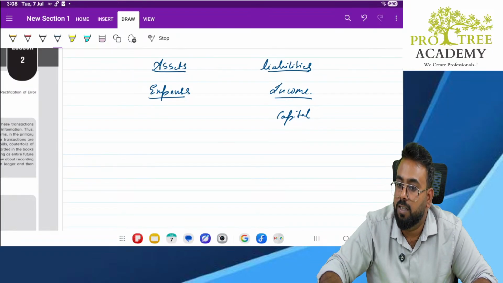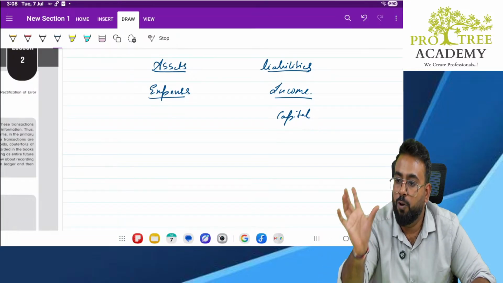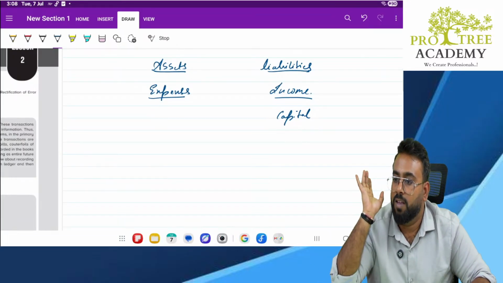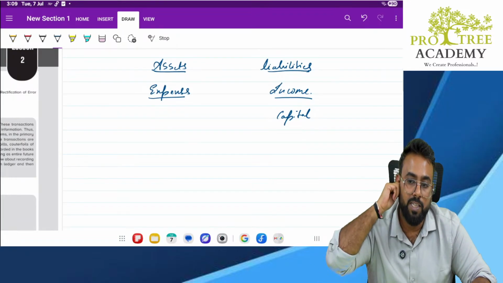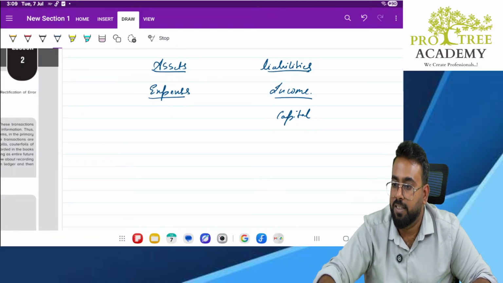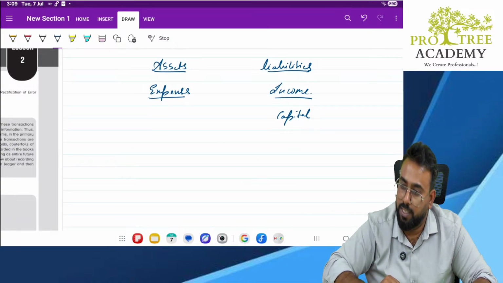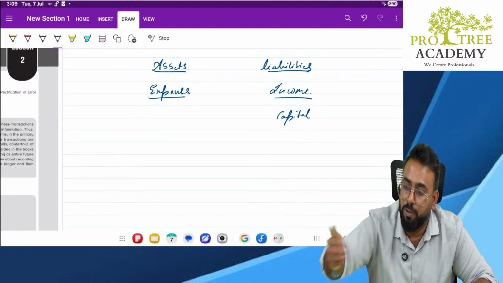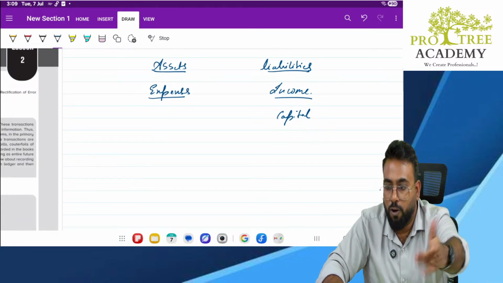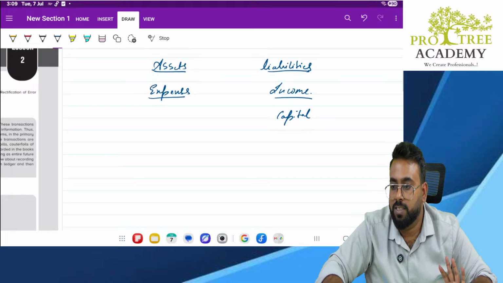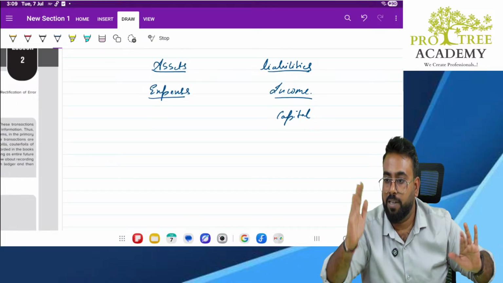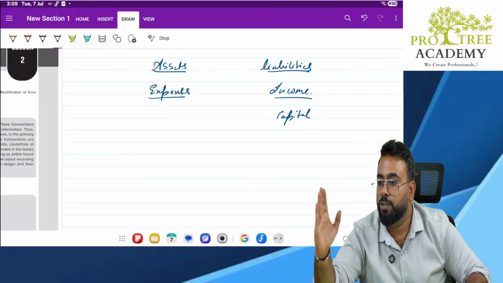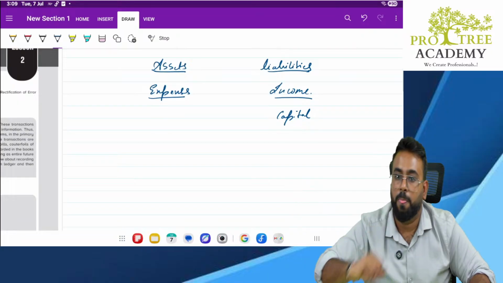First we'll take inflow of economic benefit. Examples? Sales. Is there inflow of economic benefit? Yes. You are selling the goods, you are getting the receivable or the cash. So inflow of economic benefit is there. First part is clear. Second part: other than by way of contribution by the owners. What do you mean by that?